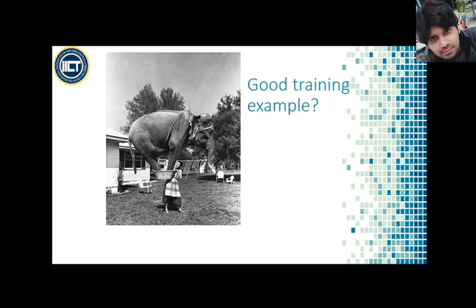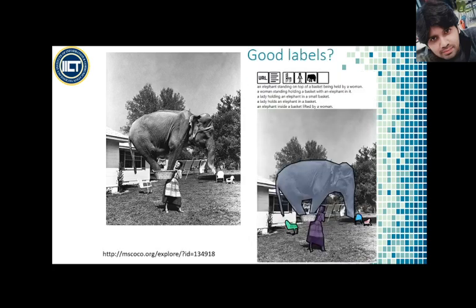So if we ask whether it is a good training example, or whether it is a good label: some of the generated sentences for this image are an elephant standing on top of a basket being held by a woman, a woman standing holding a basket with an elephant in it, a lady holding an elephant in a small basket, a lady holds an elephant in a basket, an elephant inside a basket lifted by a woman.